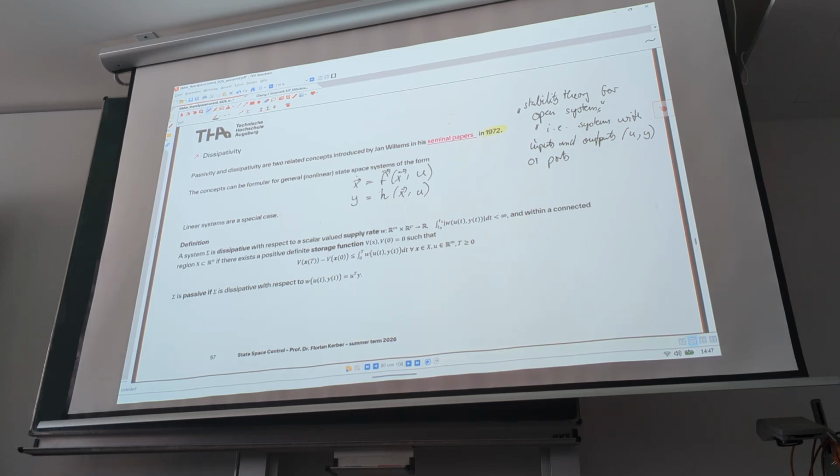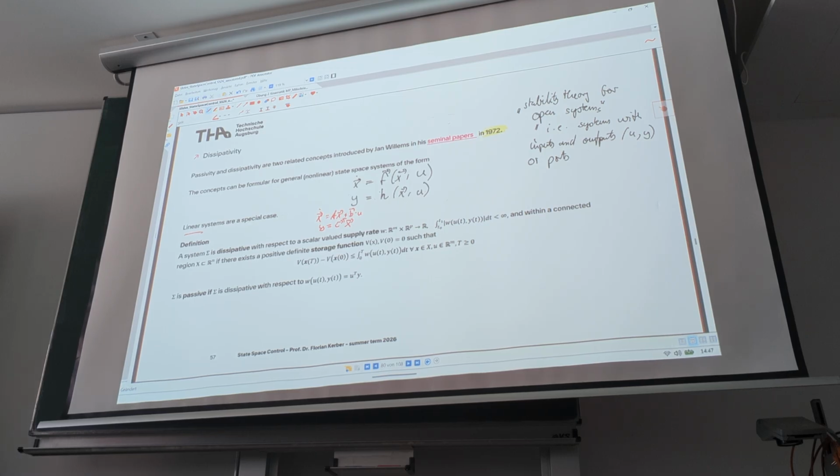So this would be a nonlinear SISO system. For these systems, this has been introduced. In our linear case, that would be x dot equals Ax plus Bu, and y equals Cx. Du is of course also possible, but again, I drop this for simplicity, but it all holds for the general case as well. Okay?